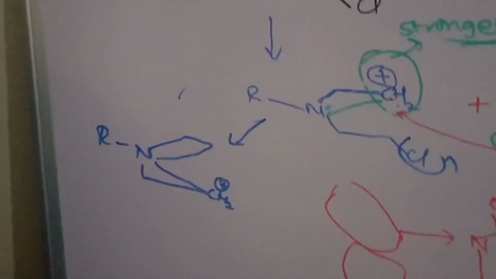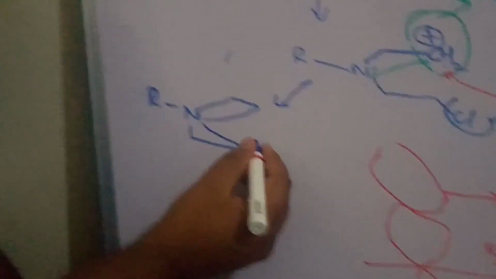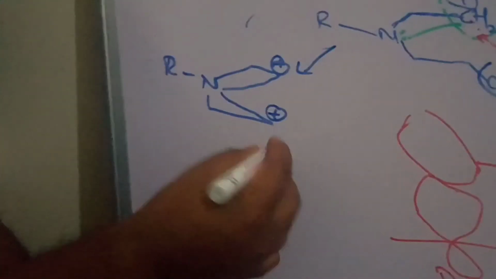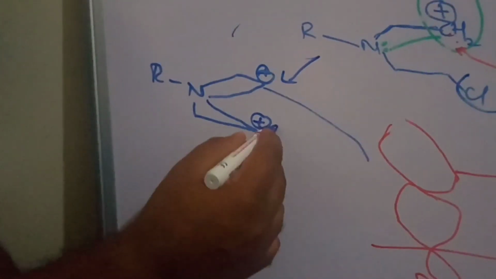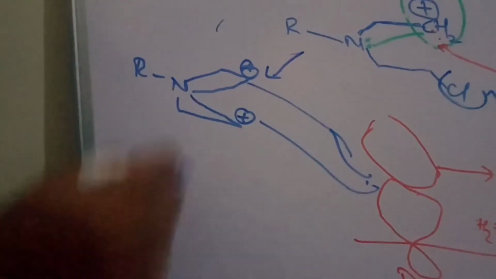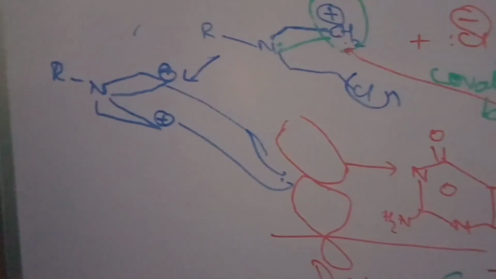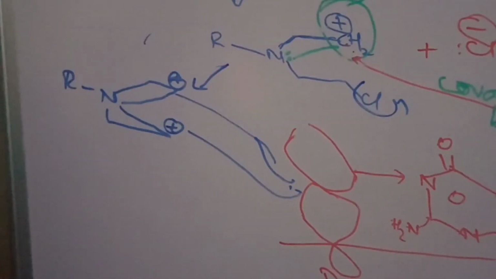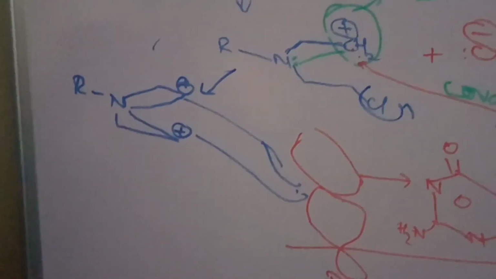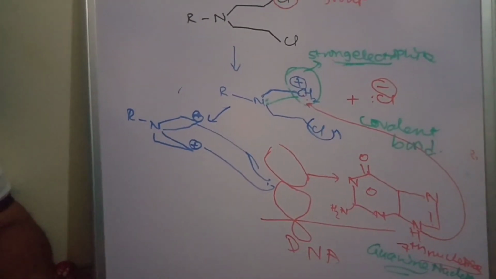So the process will continue. They become more carbocations and continue to bind with the DNA. As a result, finally there is inhibition of DNA synthesis. There is no further replication.